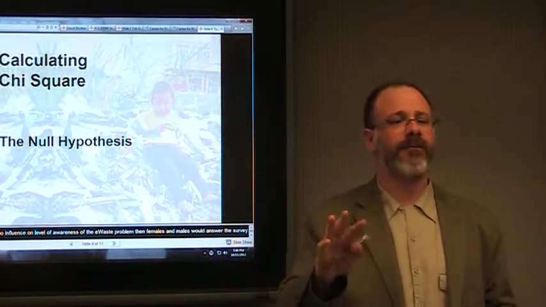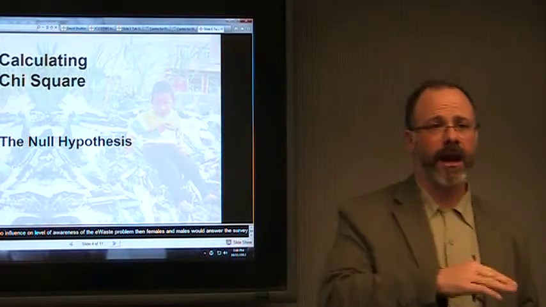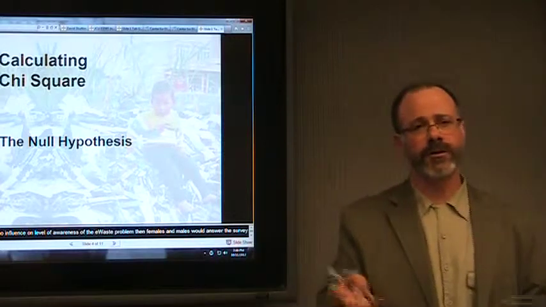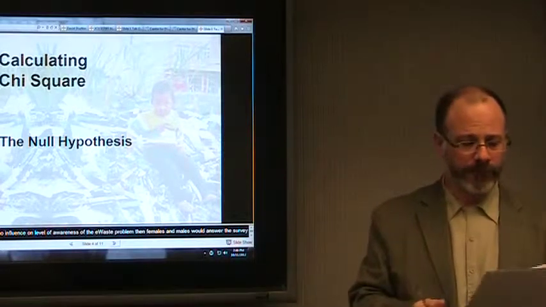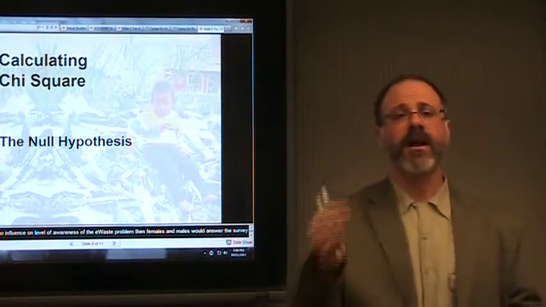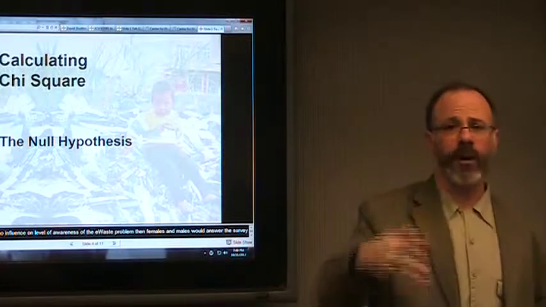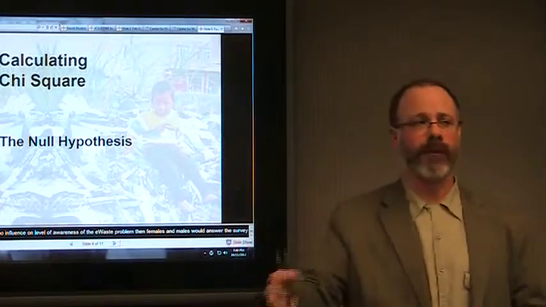So I speak of biological gender and not of male or female. It's inclusive of both. If biological gender has no influence, then the guys and the girls will answer the questions in the same way.